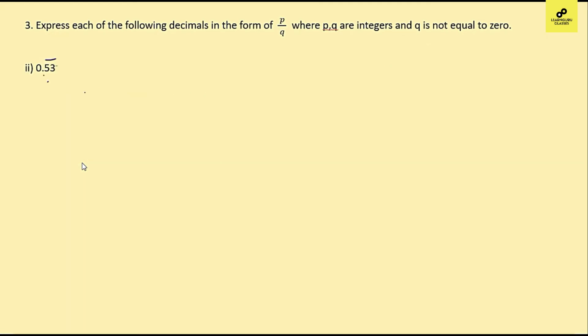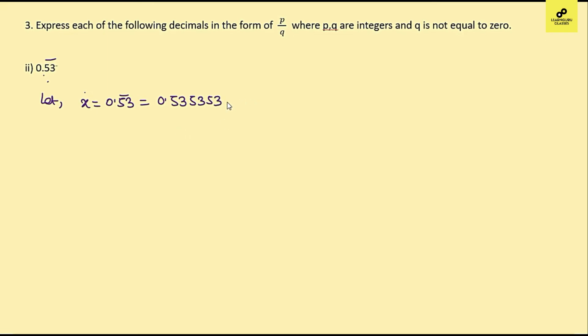So the next sum here is 0.53 bar. You see here 2 digits are under the bar. So what do we do? Let x equal 0.53 bar, which can be written as 0.535353 and so on.